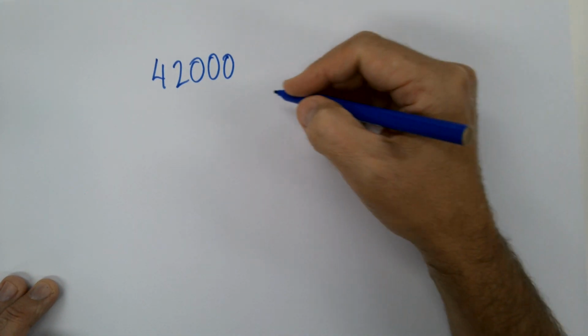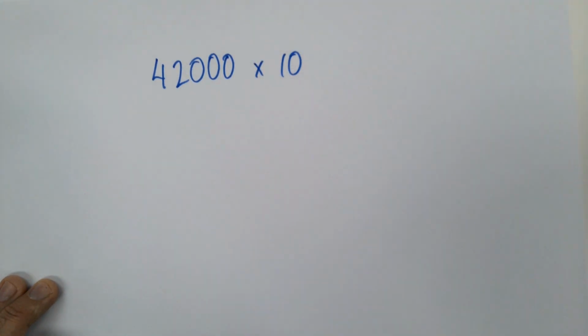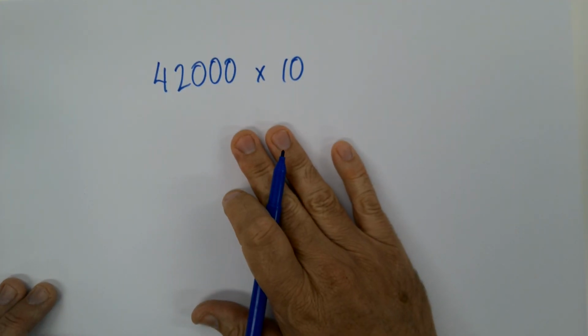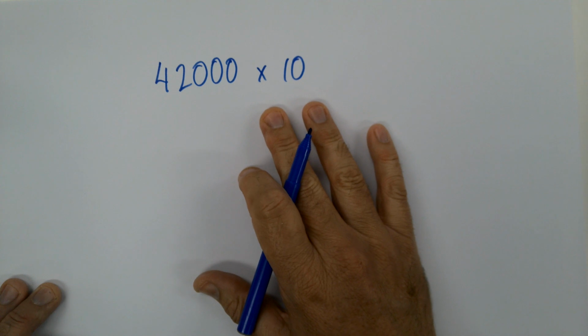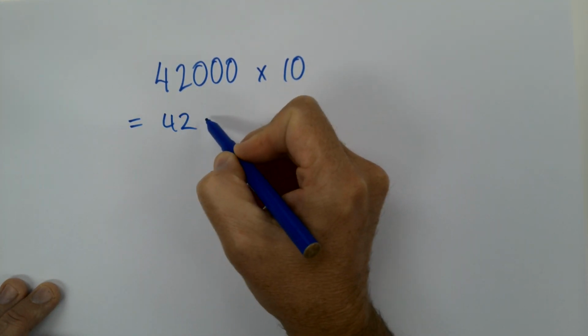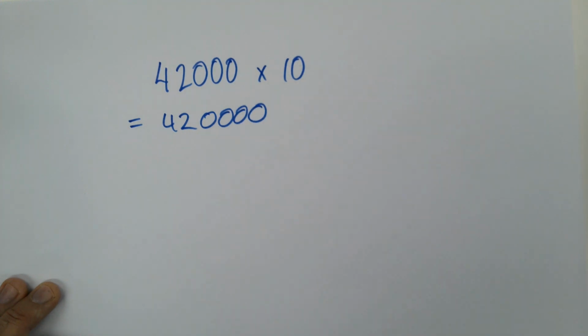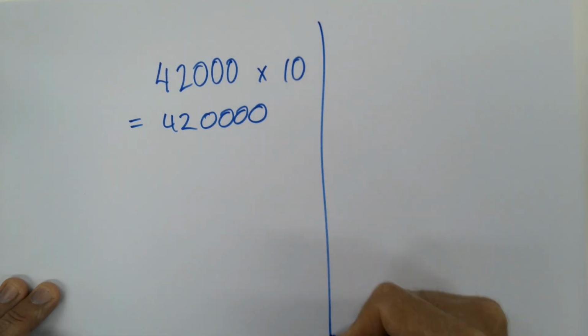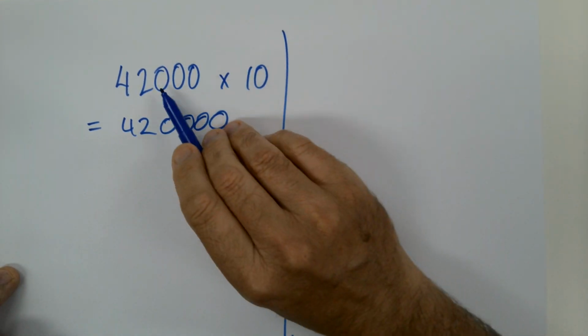All right, so let's say I've got 42,000. If I multiply that by 10, let's just not think about scientific notation for a second. Let's just think about regular numbers. Well, if I multiply them by that 10, I just add another 0 on, don't I? So that's 42 and then 4 zeros after that. Okay. Well, stop and think about that for a sec.